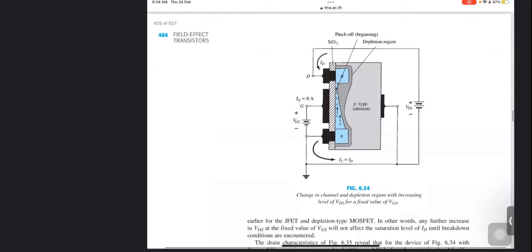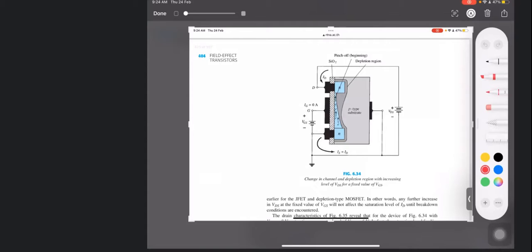Now we'll see its working further. Okay, so question is that this channel, how it is being formed when we apply the positive potential here.